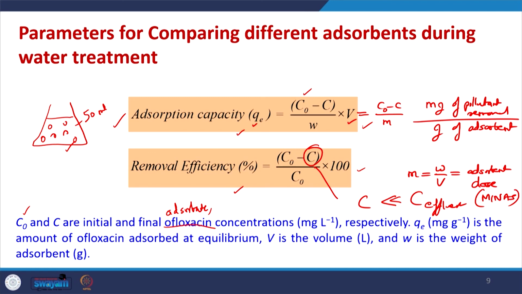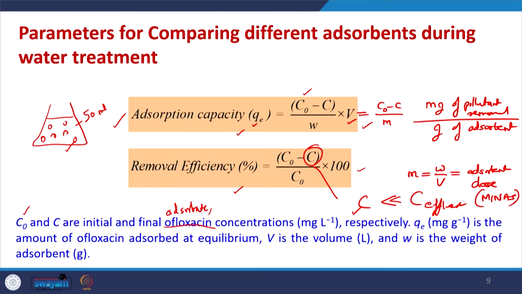So we always want C to be less than C effluent. It is possible that it is not less than this value. Under that condition we may have to use multiple batches, or we may have to further treat the water. We have to properly judge whether adsorption is good enough or whether we require further treatment.